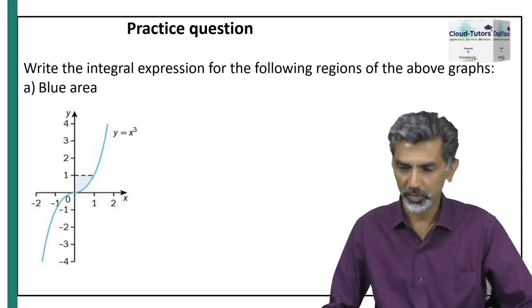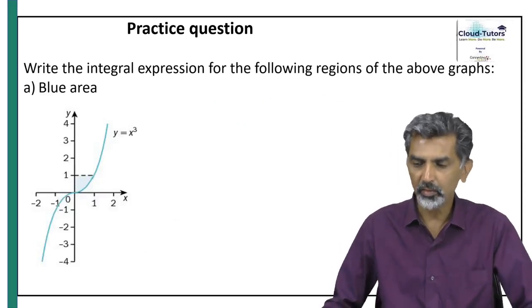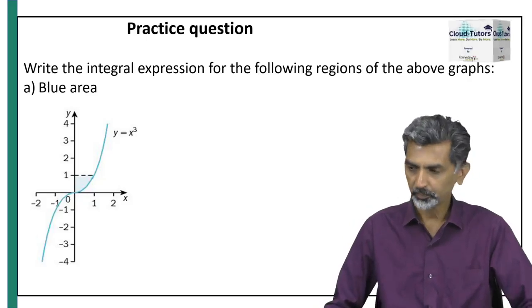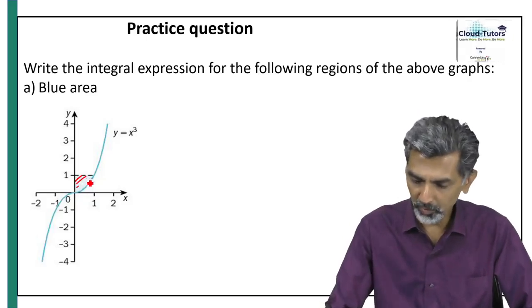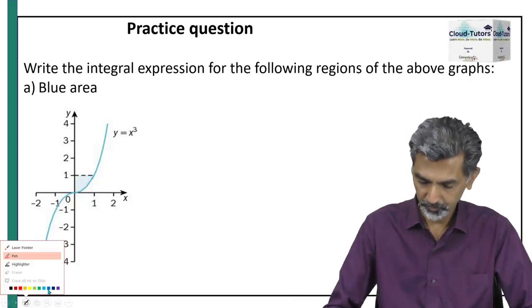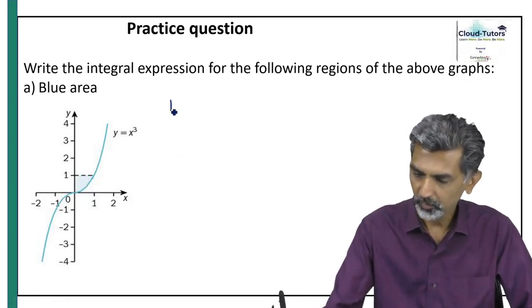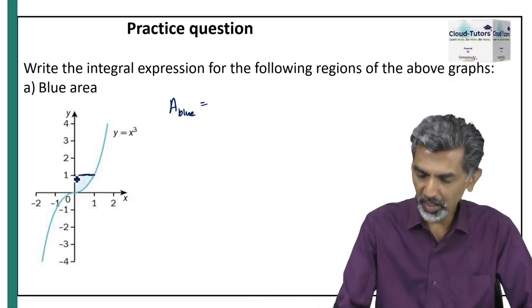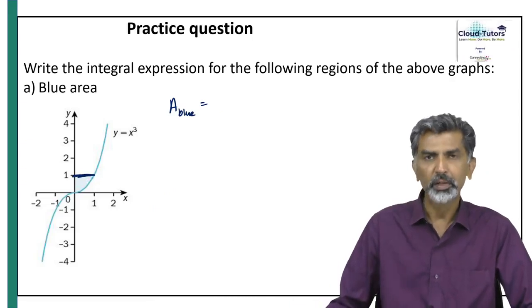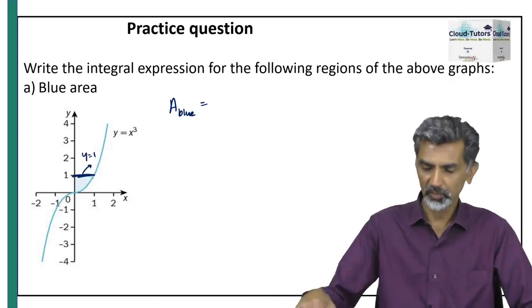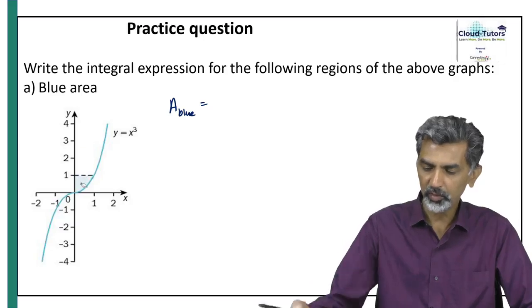Finally, this question. Write the integral expression for the blue area in this diagram. So we have this blue area here. You can see that the upper boundary here is the line y is equal to 1. That is the upper boundary of the region.